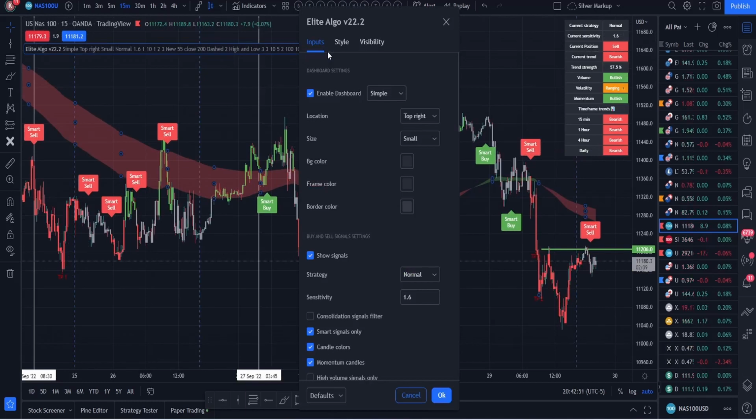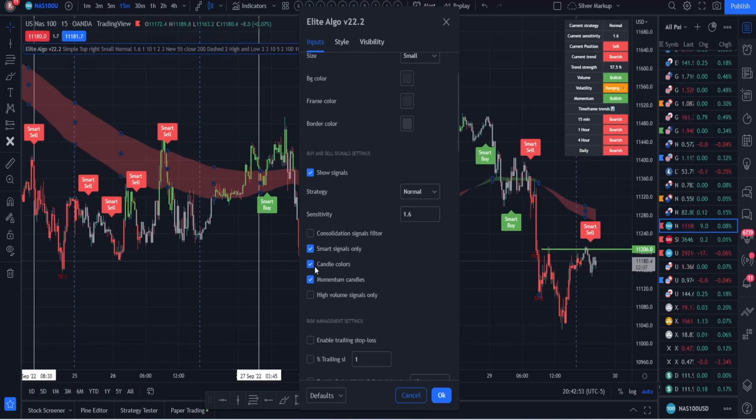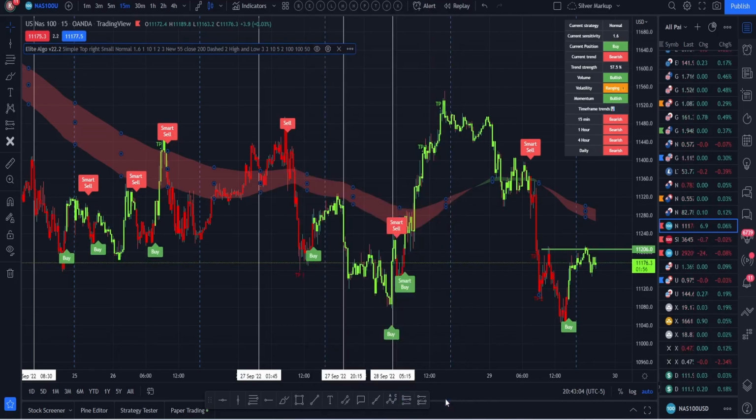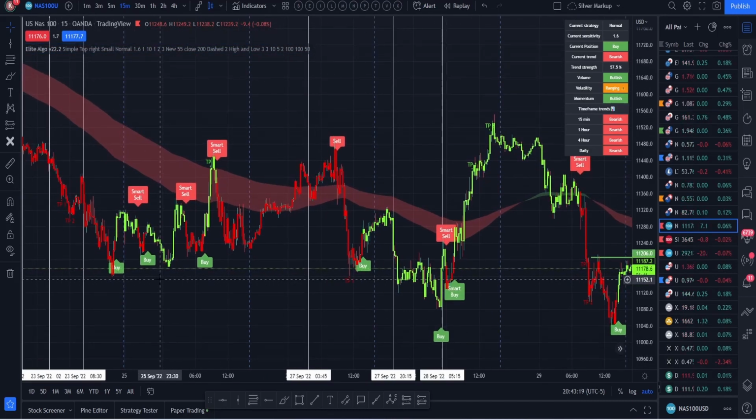The next part is high volume signals. Let me take it off of smart signals, because you don't want to put all of them together. I mean, you can, but you'll be really, really specific. The high volume signals only is going to tell you where the volume is kicking in the market. If you're a volume trader, you trade a lot of volume entry level things, you can use this to confirm your volume trades or confirm breakout trades.